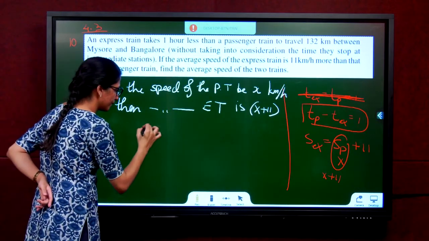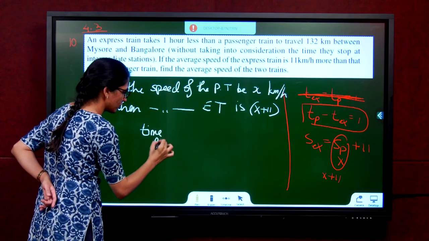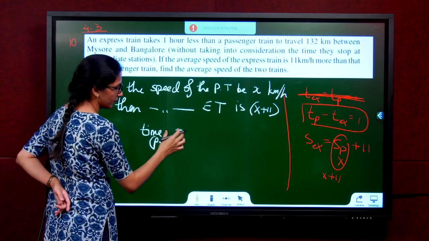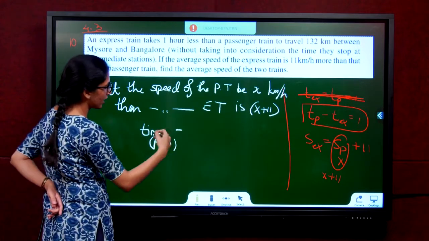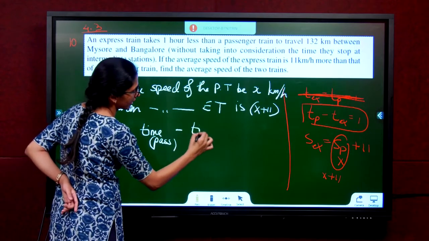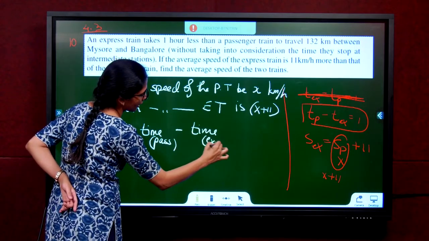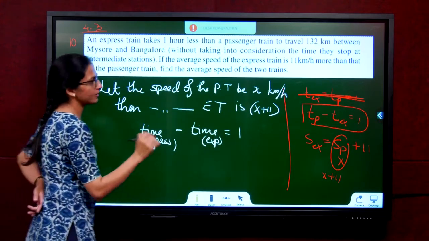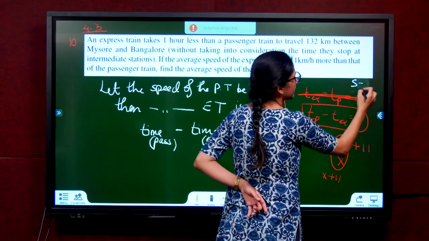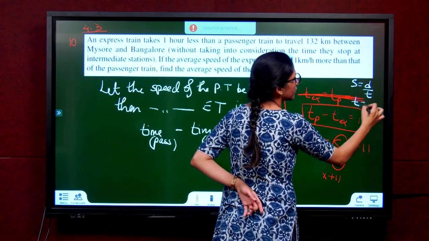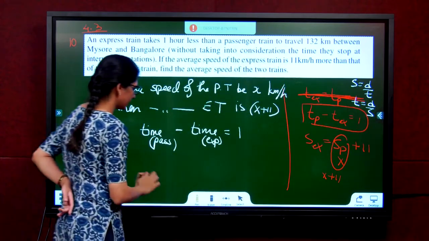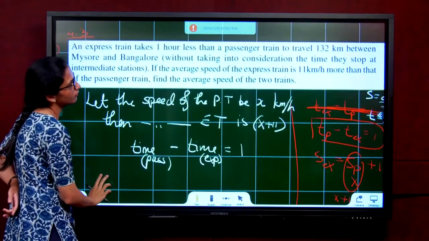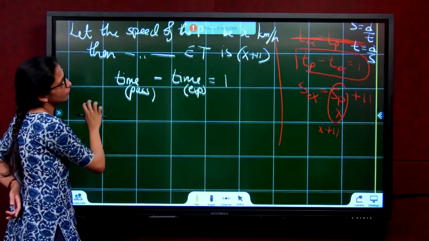We know that the time taken for the passenger train is more than express. So time taken by passenger train minus time taken by express train, we already saw how, is equal to 1. Time and speed, what is the relationship? S is equal to d by t, t is equal to d by s. Using that, passenger d by s. What is the distance given in the question between Mysore and Bangalore? 132 kilometers.